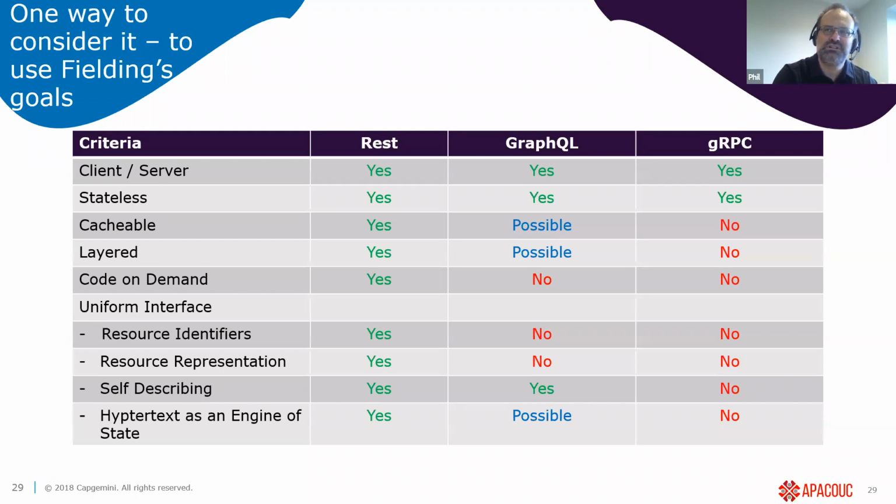So you can see the REST-based characteristics come out as a yes on all of Fielding's criteria. GraphQL, some yes, some you can achieve but needs a little bit of work, and some just aren't achievable. And gRPC is even lower in terms of its ability to match his criteria, but obviously it's a little bit biased.